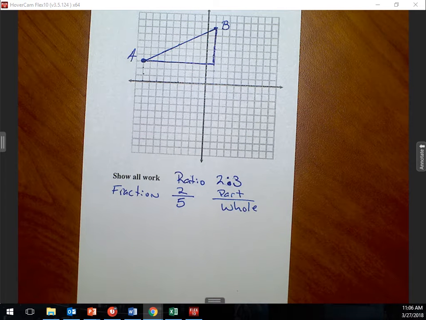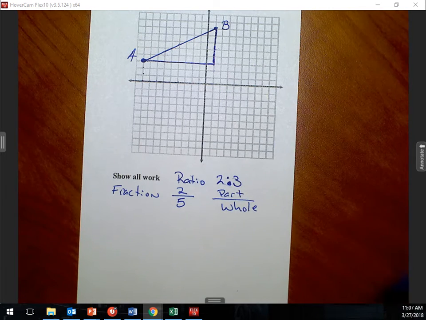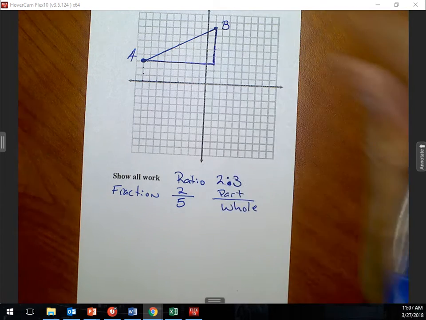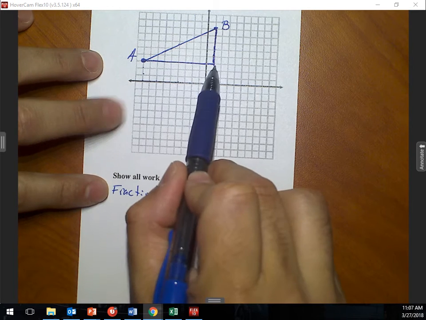So now I have that. Yes? Okay. Now I'm going to make this, like I said, as easy as possible. So let's figure out how many pieces are going this way.